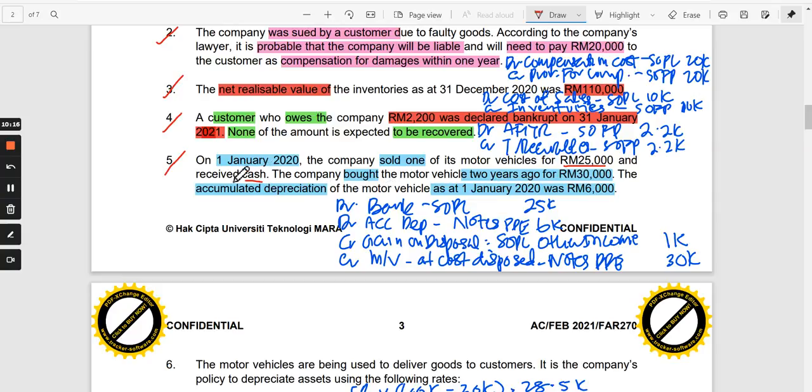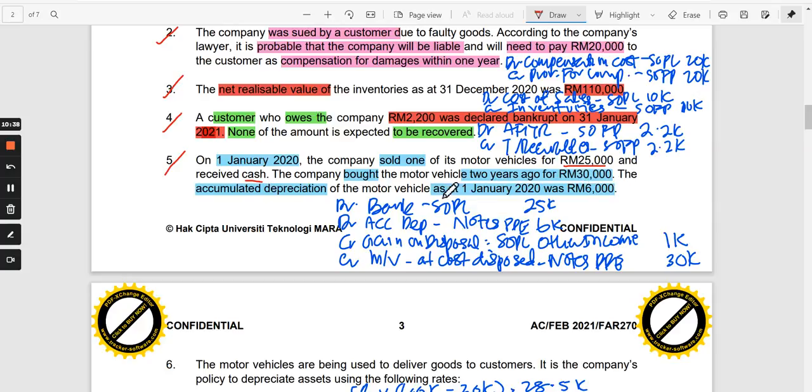The date of disposal was 1st of January. The motor vehicle was bought 2 years ago, so this 30,000 is the cost that was purchased, and that is also the same cost that will be disposed. So that 30,000 will have to be derecognized, and the motor vehicle account will have to be credited.